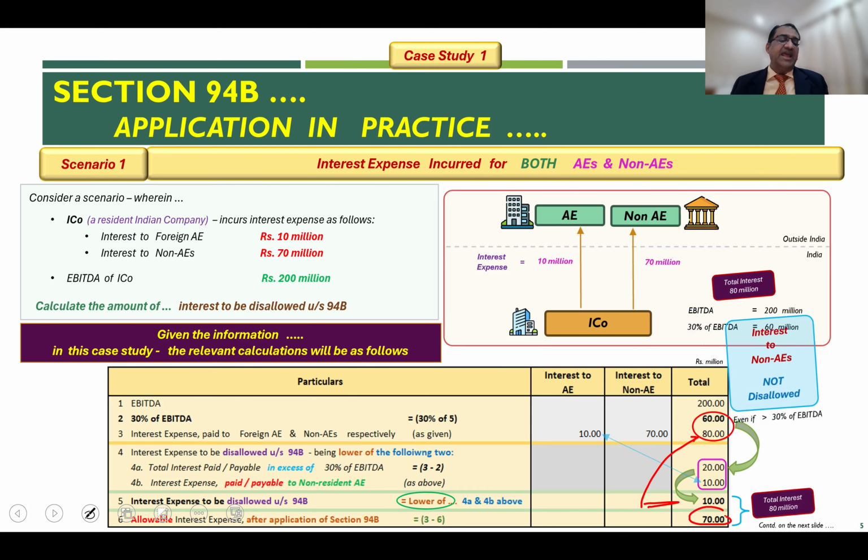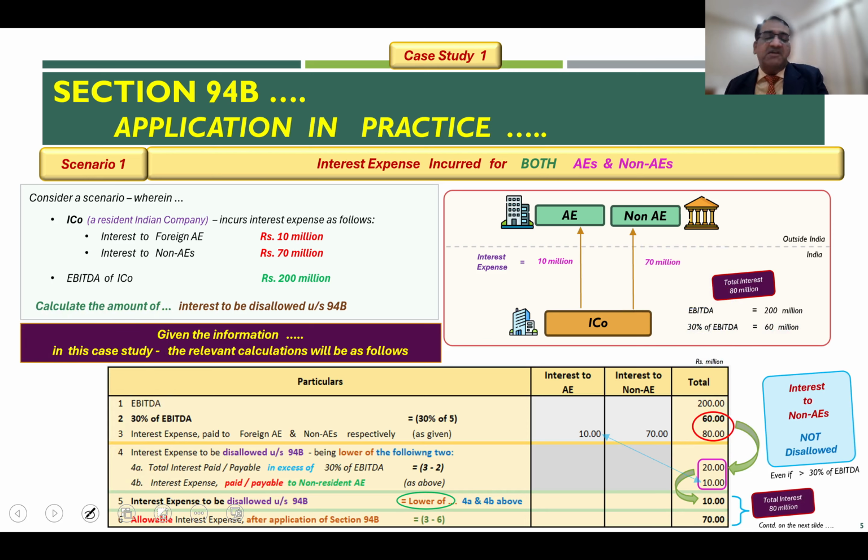Now, the key takeaway which you have to understand is that the threshold is 30% of EBITDA, which is 60, but you are actually paying 70 million to non-AE. Still, the entire 70 is allowed, because Section 94B was not really intended to curb third party interest payout. The intention has always been to make sure that excessive interest to the AEs, the associated enterprises, is not being paid.